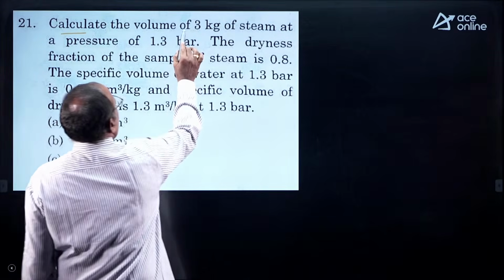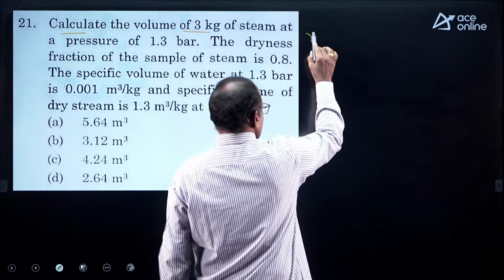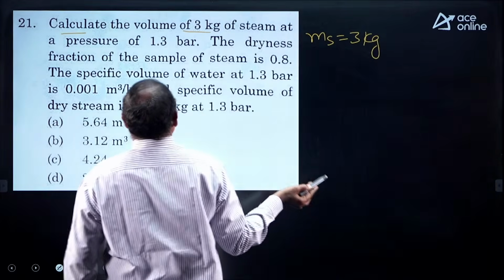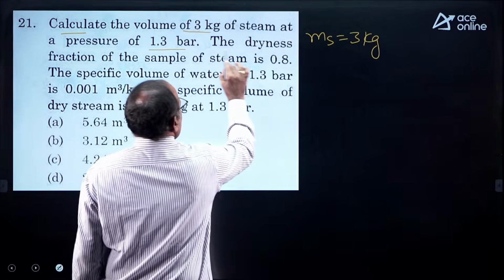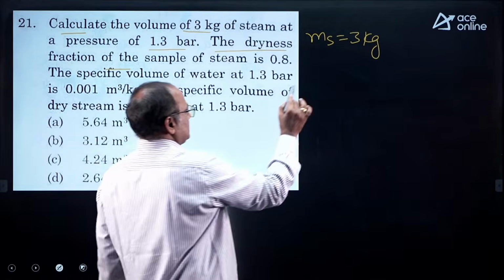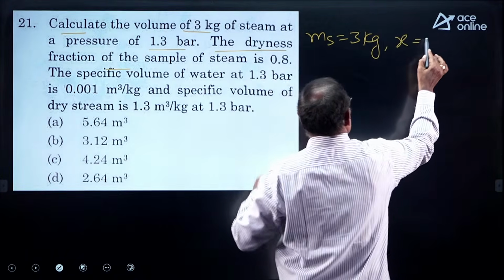Similarly, look at another question asked like this. Calculate the volume of 3 kg mass of steam. The mass of the steam is given as 3 kilograms, at a pressure of 1.3 bar. The dryness fraction of the steam, x, equals 0.8.